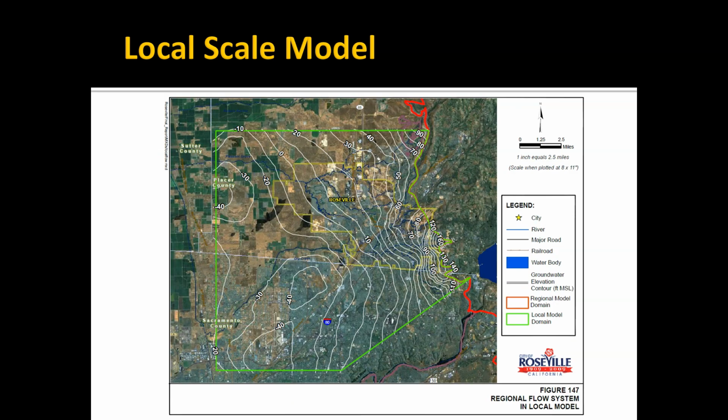And these are the head contours for the local model, that are entirely consistent with our regional model. So that's these two projects. Again, I like these two examples because they represent a lot of the different types of boundary conditions we talked about.